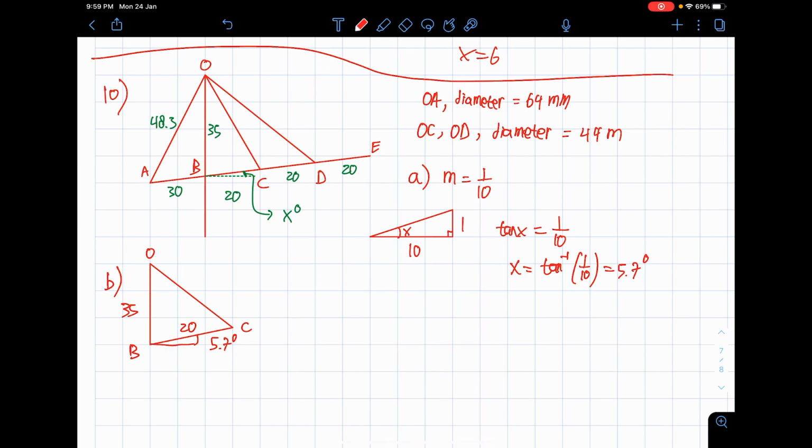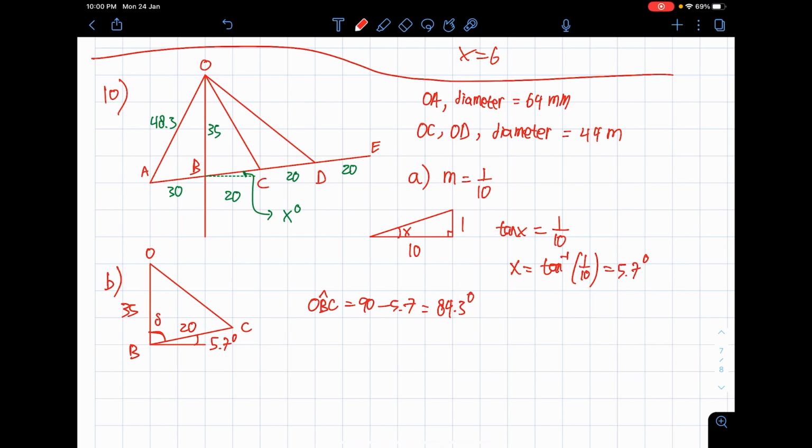Okay, if I see it like this, this is supposed to be 90 degrees, right, if I put it all the way perpendicular. Meaning the angle at B is just 90 degrees minus 5.7, which is 84.3 degrees.